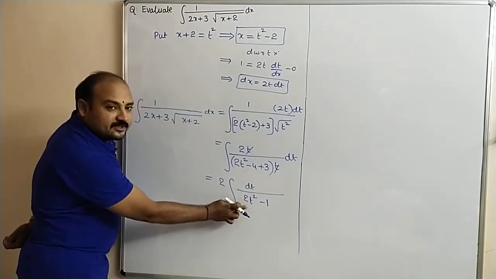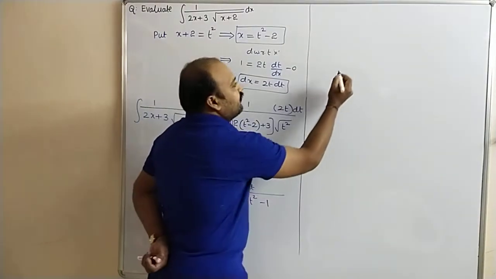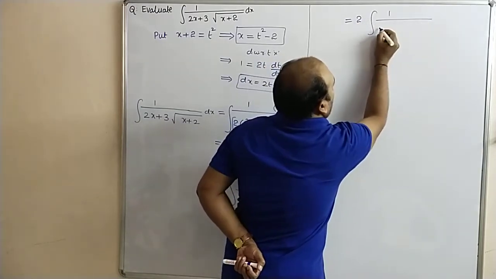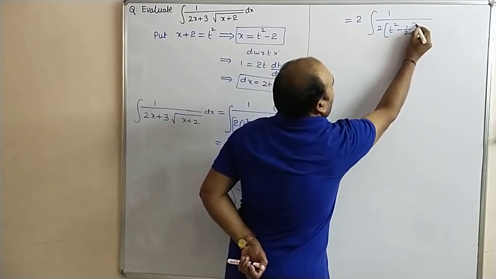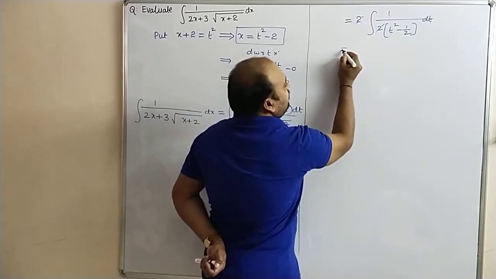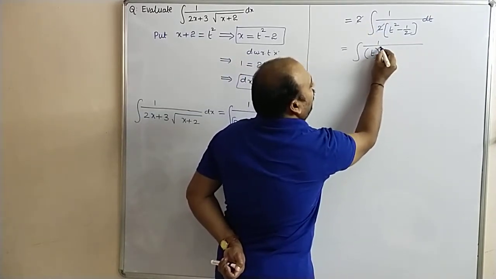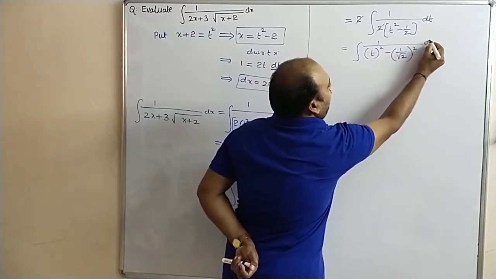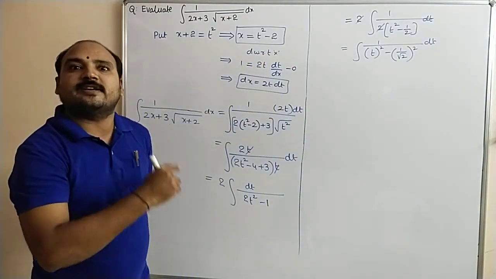After that, make the t square coefficient 1 by taking 2 common. In the next step, 2 into integral 1 by 2 times (t square minus 1 by 2) dt. Here 2 gets cancelled. Integral 1 by t square minus (1 by root 2) whole square dt is in the form of integral 1 by (x square minus a square).